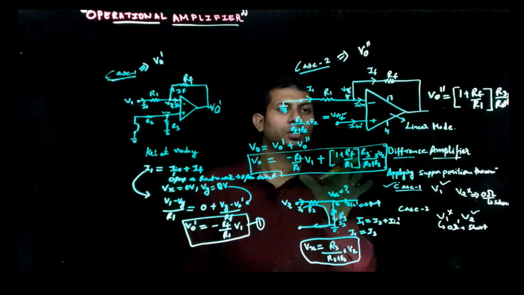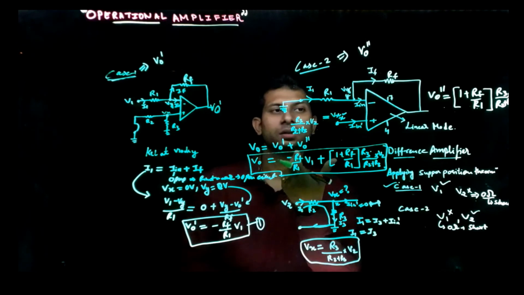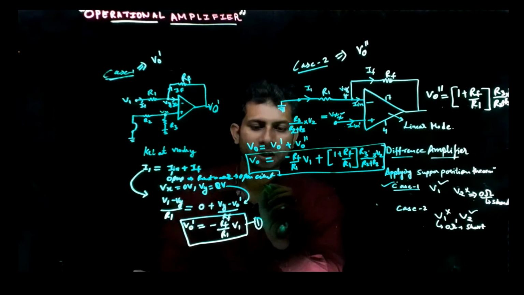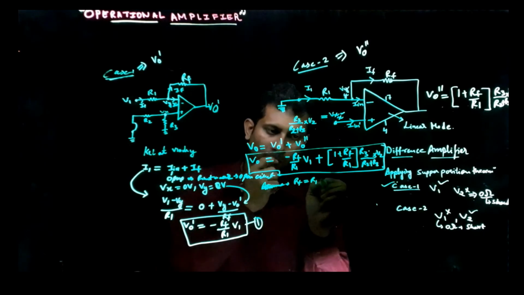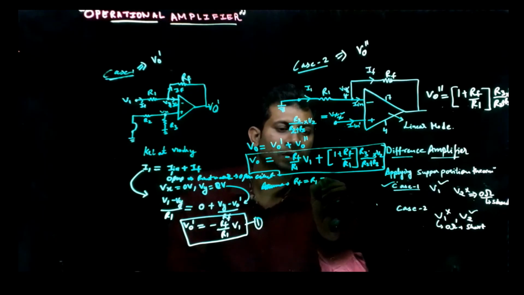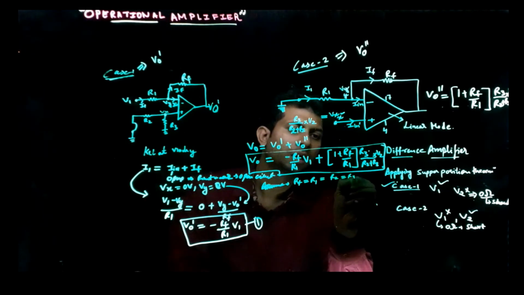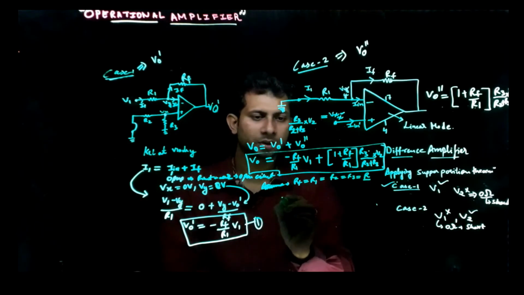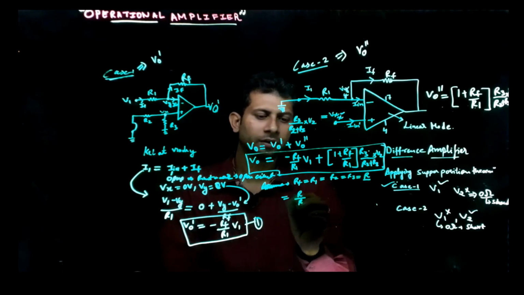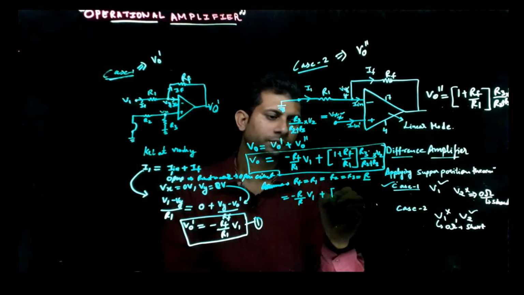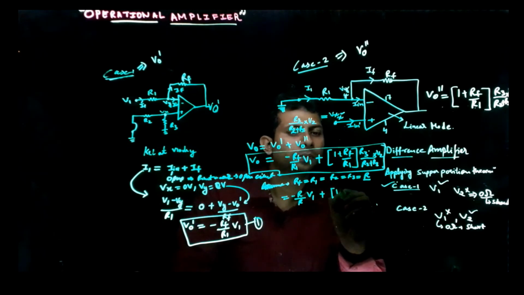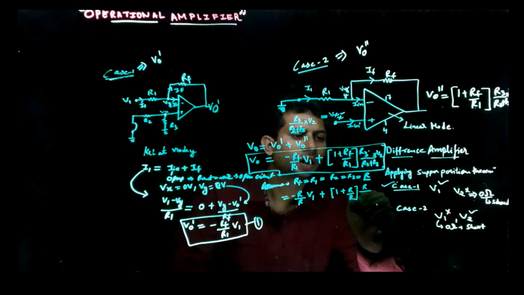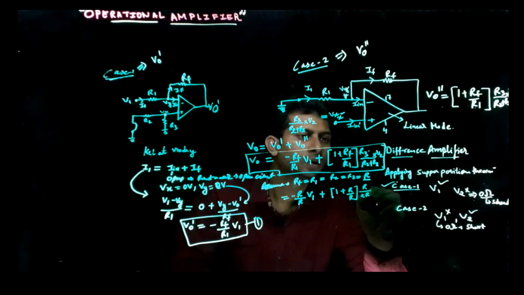Now we take some reduction in this whole equation so that we can have the subtracted or difference value of the applied V1 and V2. If we assume Rf equal to R1 equal to R2 equal to R3 equal to R, then in the above equation we have R divided by R times V1, plus 1 plus R divided by R, which is 2R now, times V2.